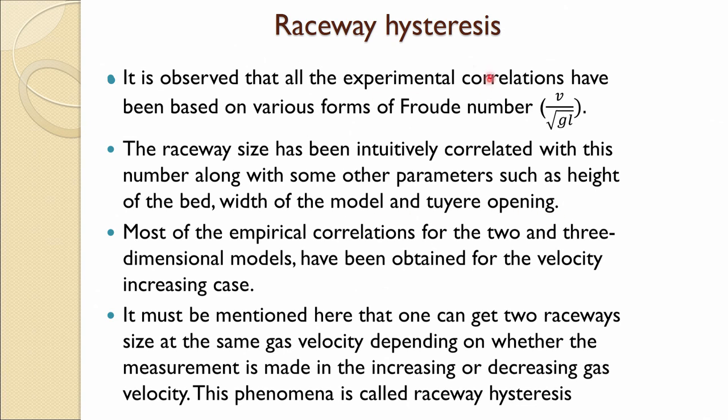Most of these studies have been done in cold conditions, at room temperature, at laboratory scale. Most of the empirical correlations for 2 and 3 dimensional models have been obtained for the velocity increasing case. It must be mentioned that one can get 2 raceway sizes at the same gas velocity, depending on whether the measurement is made with increasing or decreasing gas velocity.